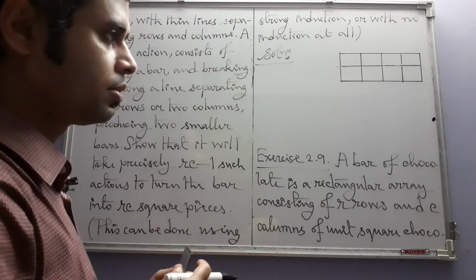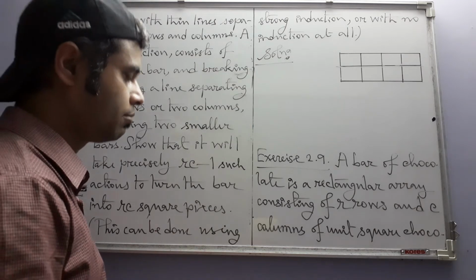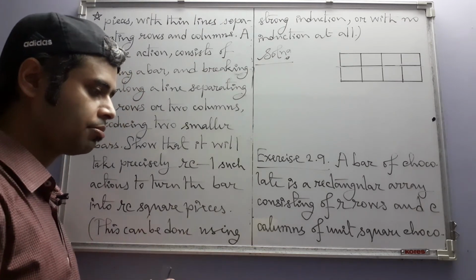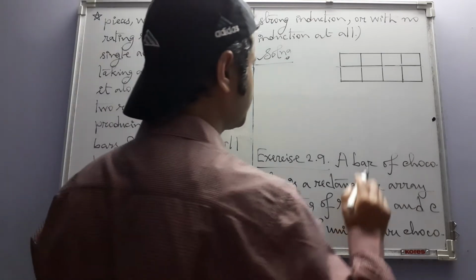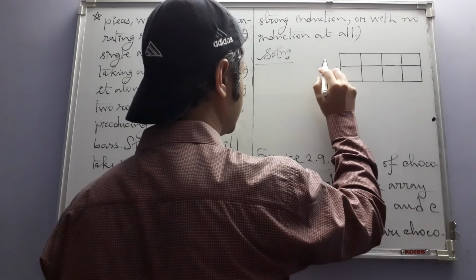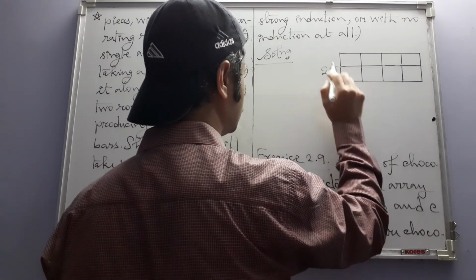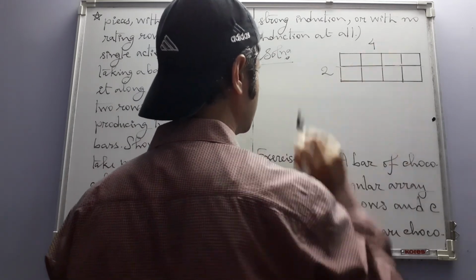Whatever you do, after performing the action once, the original bar will be divided into two smaller bars. So here you can see that the number of rows is 2 and the number of columns is 4.